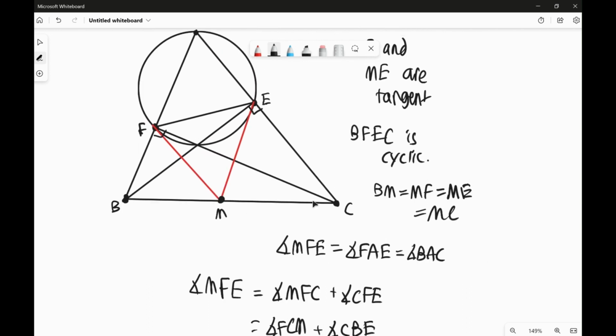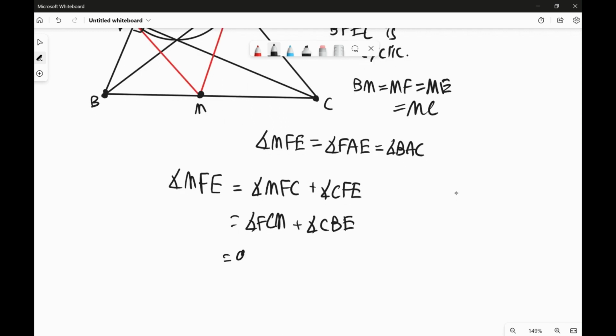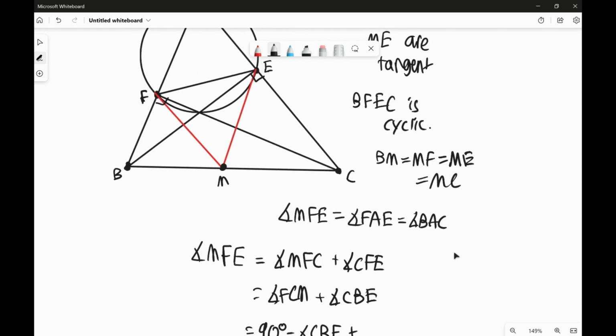So we have angle FCM here. We know that it's FCB. However, we know that it's just 90 degrees minus angle CBF because this angle here is 90 degrees, which means that these angles here add up to 90 degrees. So it is 90 degrees minus directed angle CBF. And then we wish to try doing something similar for CBE here.